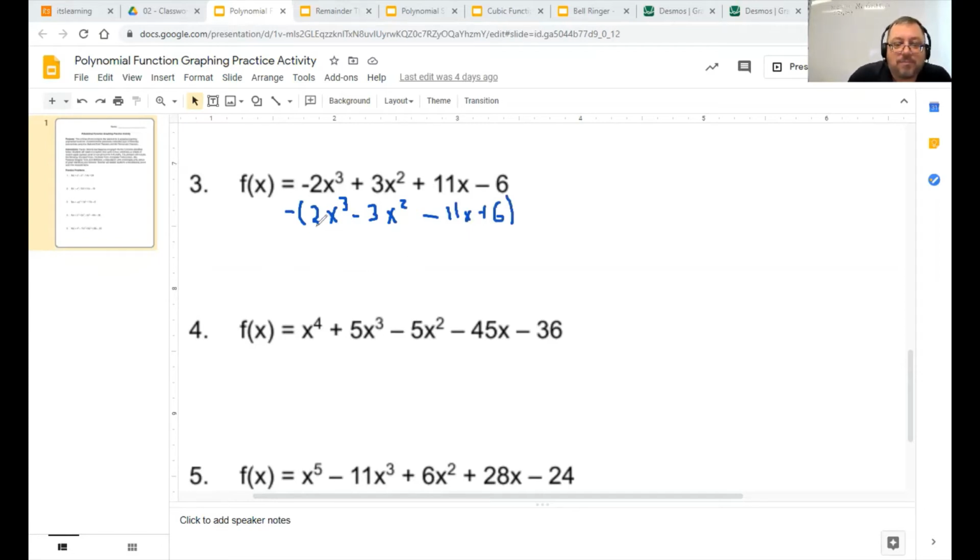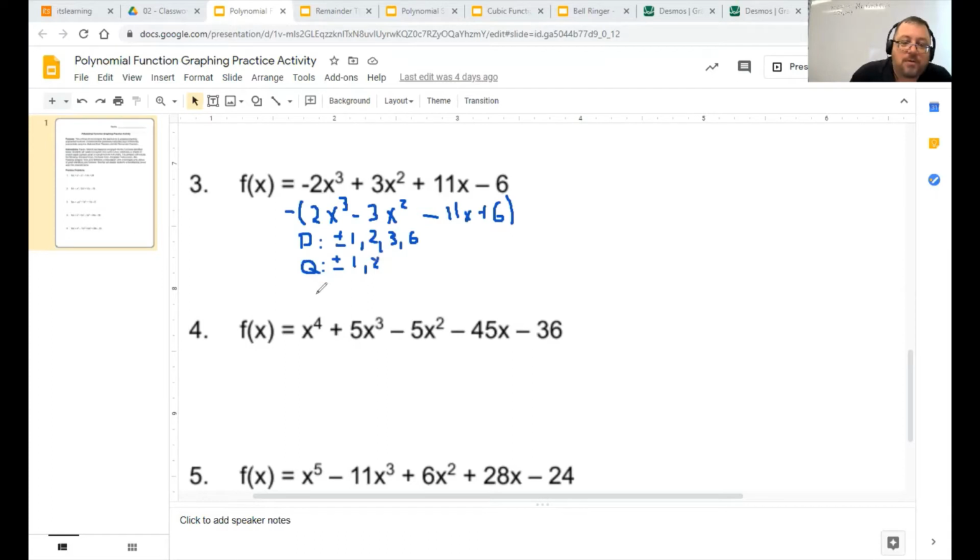So P's and Q's. My P's are plus or minus 1, 2, 3, and 6. And my Q's, I look at this first number here, are plus or minus 1 times 2.